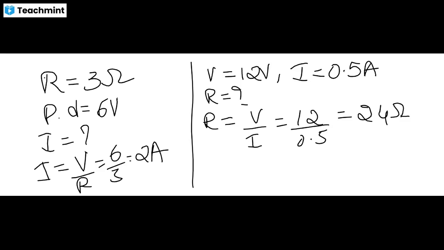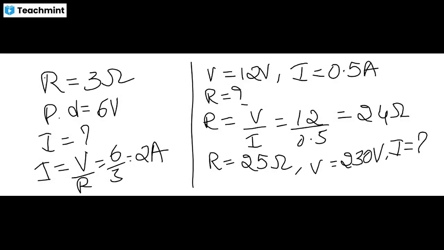Okay. Then resistance is 25 ohms. Potential difference is 230 volts. Calculate the electric current.